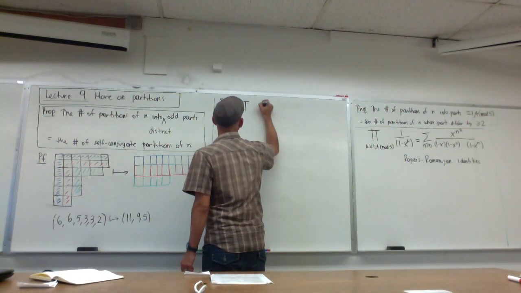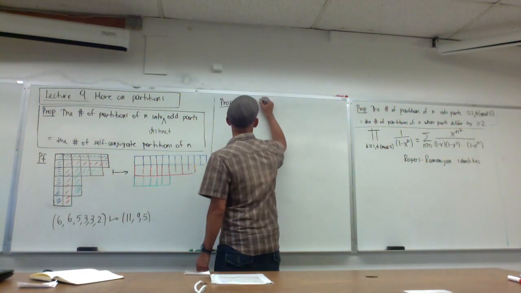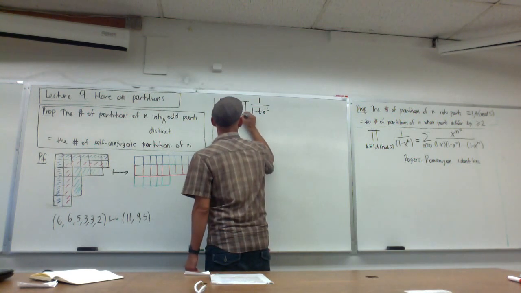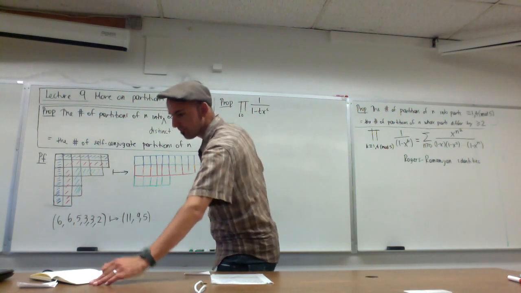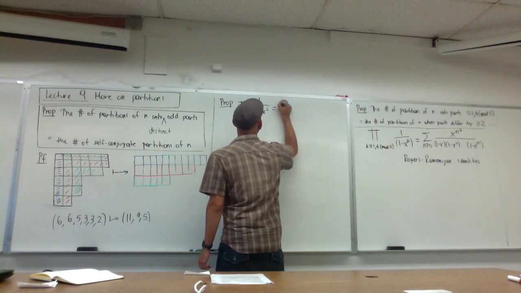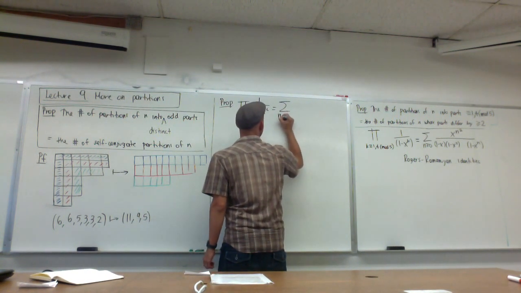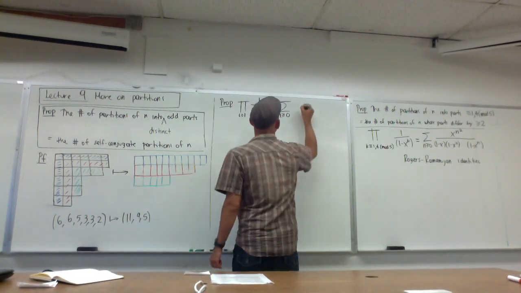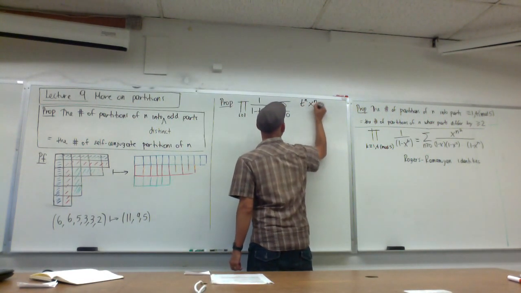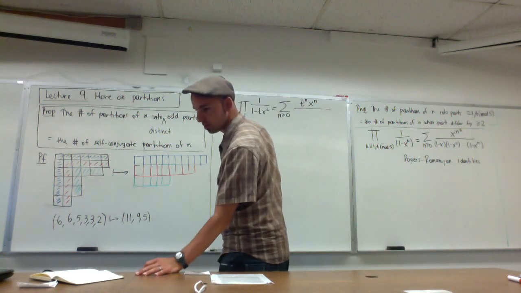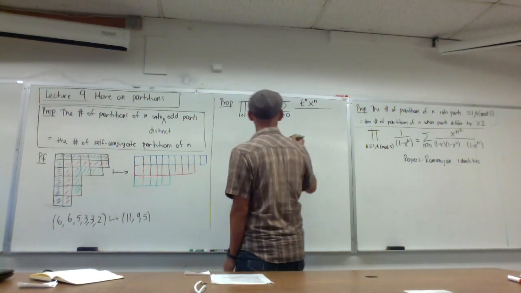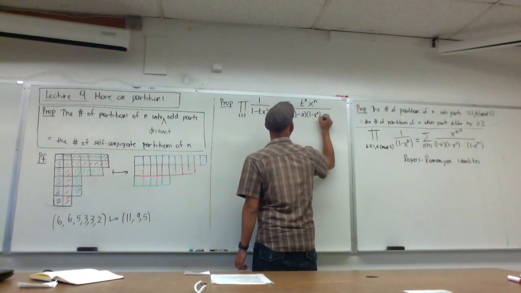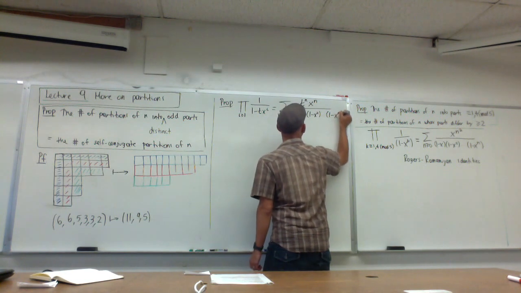The product over i greater than or equal to 1 of 1 over 1 minus t x to the i equals the sum over n greater than or equal to 0 of t to the n, x to the n, over (1 minus x)(1 minus x squared) up to (1 minus x to the n).